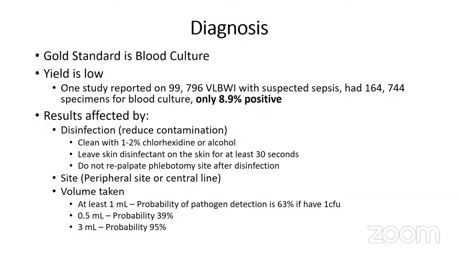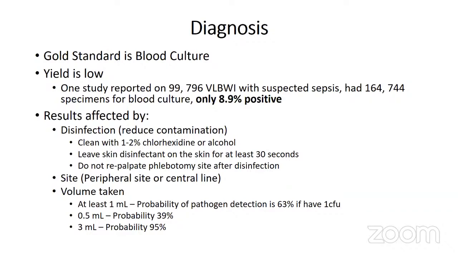If you take 1 mil of blood, you improve that detection if you have one colony forming unit in that blood. But if you take 3 mils, the probability improves up to 95%.